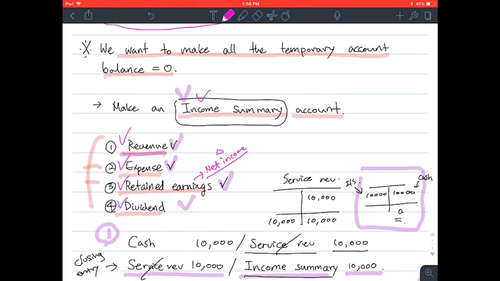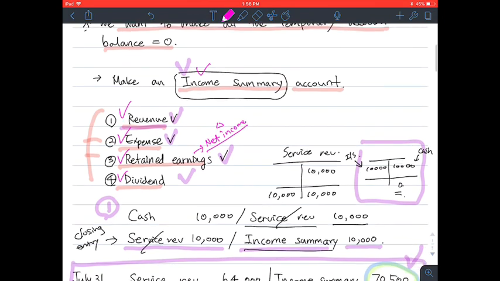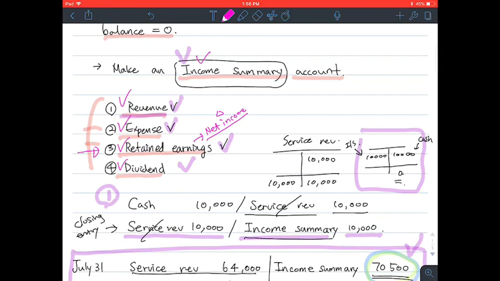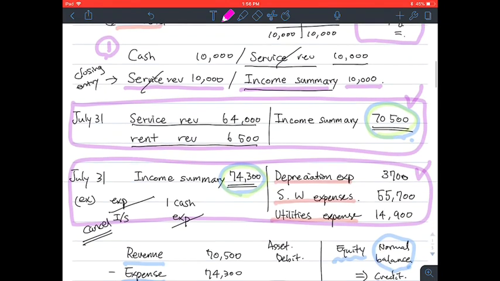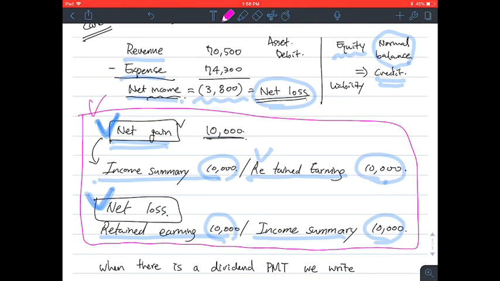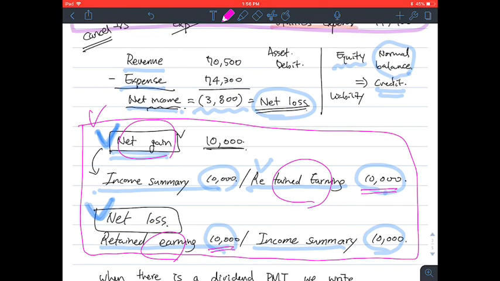So this is the most important idea, and this number 3 is kind of tricky because it changes when there is a net loss and when there is a net gain. Here you see this is important. When there is a net gain, you should credit retained earnings. When there is a net loss, you should debit retained earnings, right?